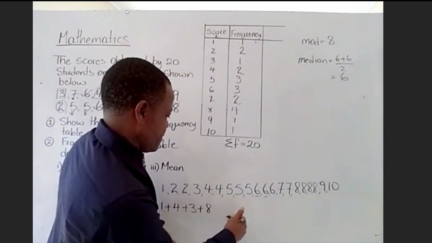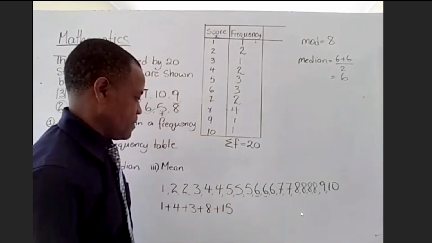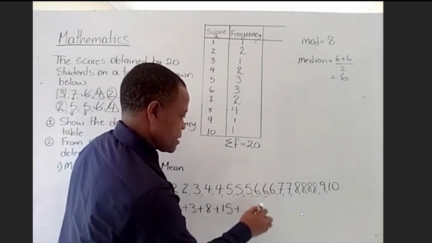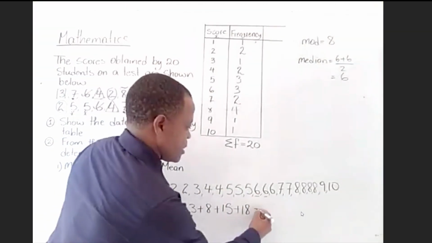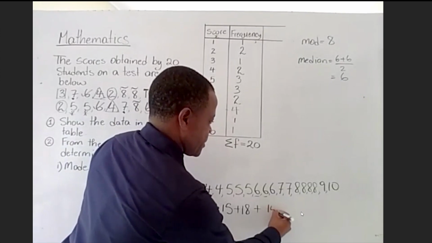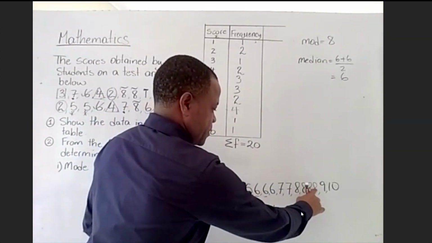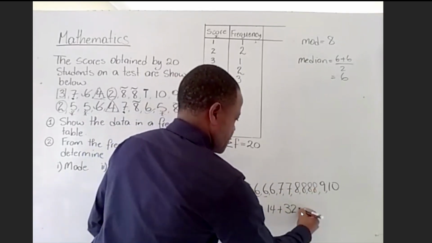5 plus 5 plus 5 will give me 15. Plus 6 plus 6 plus 6 will give me 18. Plus 7 plus 7 will give me 14. 8 plus 8 plus 8 plus 8 will give me 32.